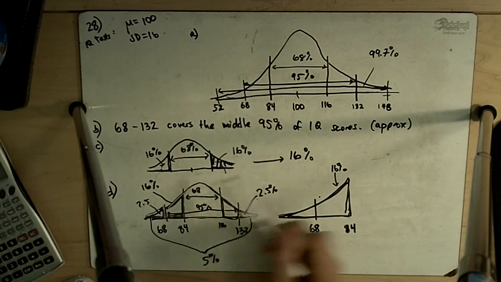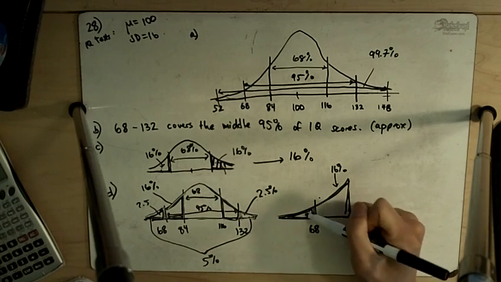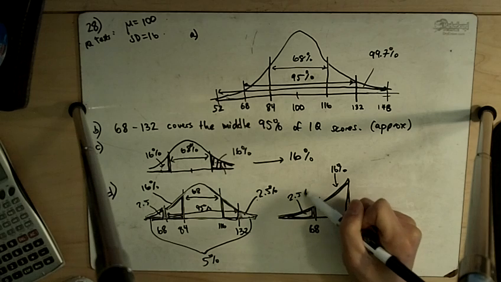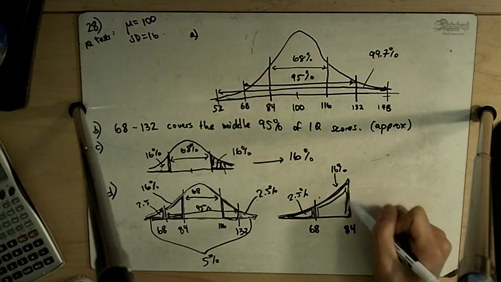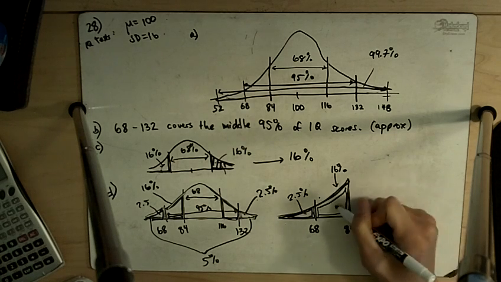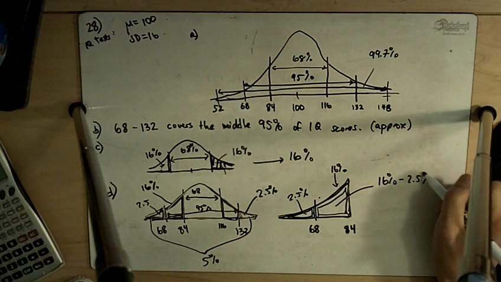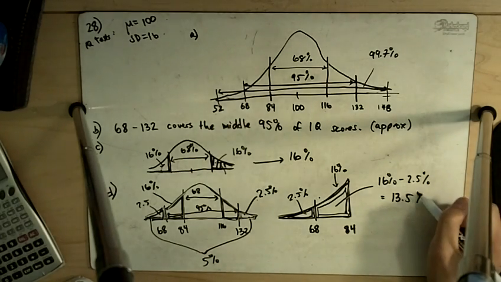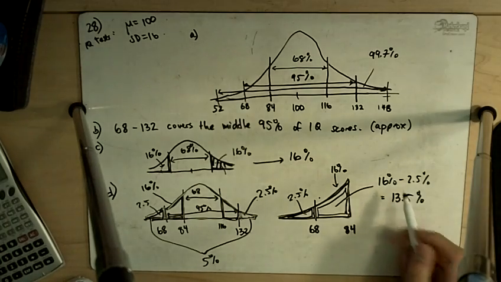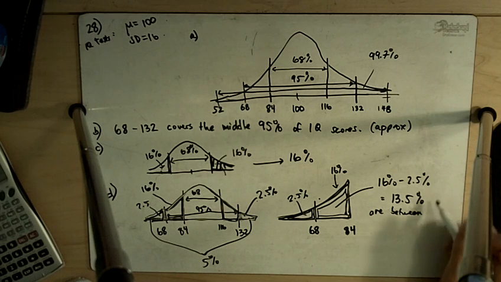I hope you guys can see that. So on this diagram, this little triangle over here is 2.5%. So the remaining part right here is going to be 16% minus 2.5%, or in other words, 13.5%. So 13.5% are between 68 and 84.